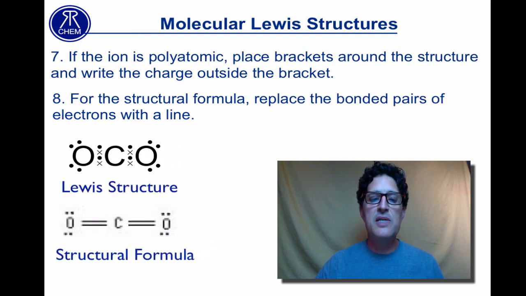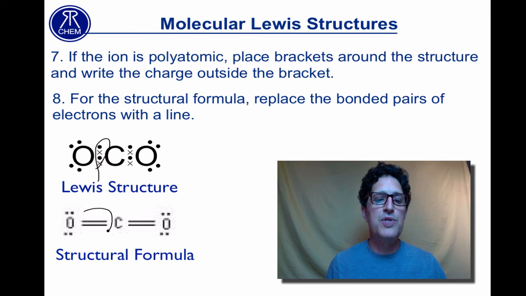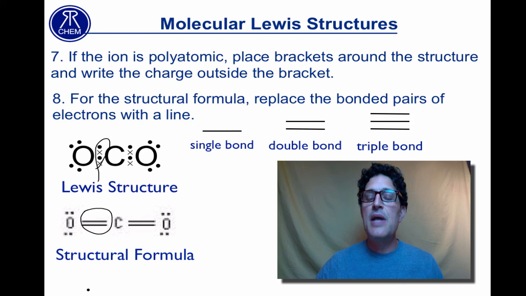Below that is the structural formula. So you can see that we have replaced the 2 pairs of X's and O's with 2 lines, indicating double bond. So a single bond is a single line, a double bond is a double line, and a triple bond is 3 lines.